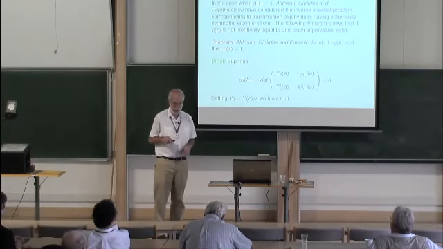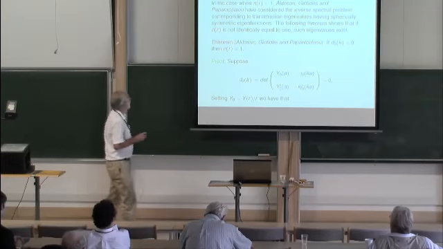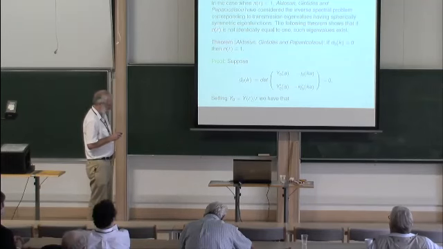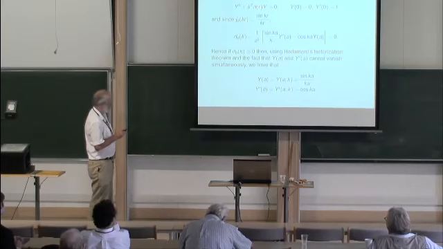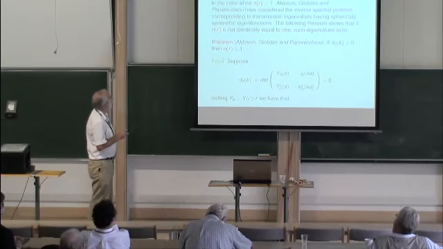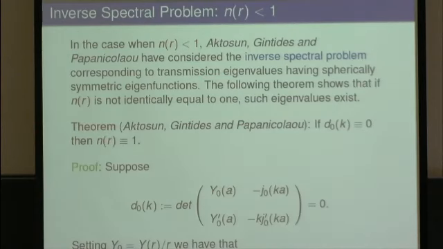That was the idea. So let me first talk about this recent result of Atkinson, Tutitis, and Papanikolaou. That's not your Papanikolaou, it's another Papanikolaou. They consider the inverse spectral problem corresponding to transmission eigenvalues having spherically symmetric eigenfunctions.